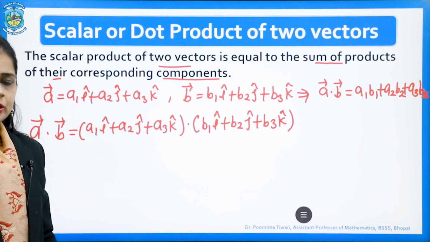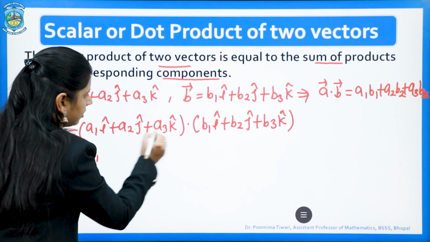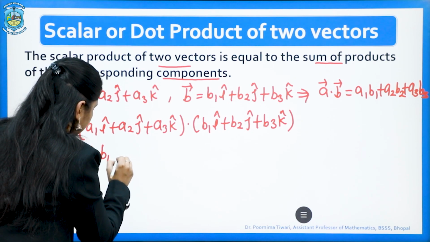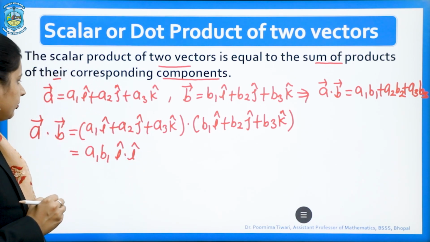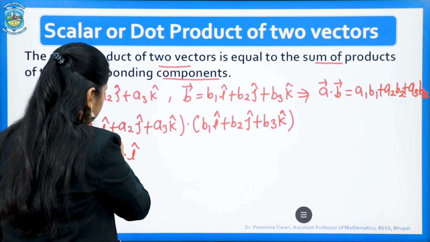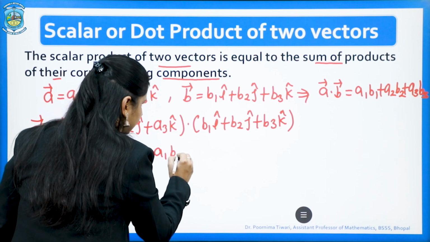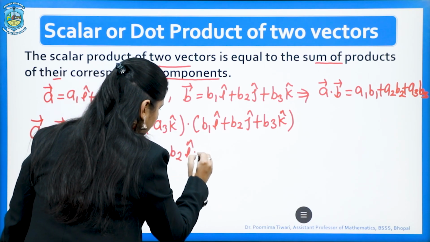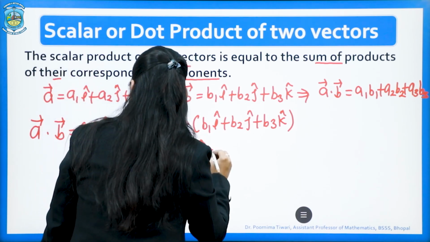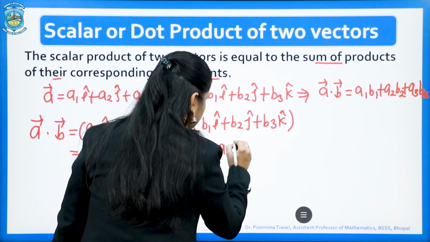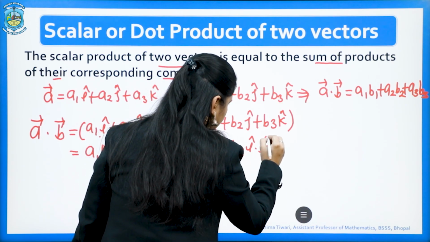First we will do the usual multiplication. So, this would be a1 multiplied with b1 and i cap dot i cap. Then we will multiply this term with the second term, we will get a1 b2 i cap dot j cap. The third one is a1 b3 i cap dot k cap.